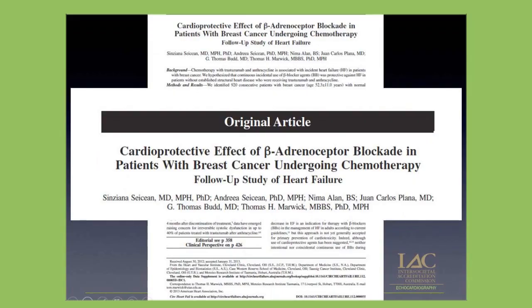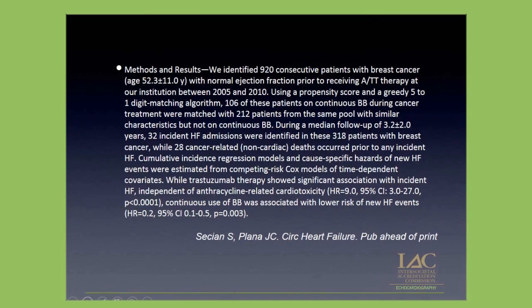What I can tell you is that looking in retrospect, looking backwards, and we did it when I was at Cleveland Clinic, we evaluated in this study what happens when the patients have received beta blockers at the same time as their chemotherapy. And what we were able to conclude is that there was a reduction of 80% in the incidence of heart failure in the population that received the beta blockers.